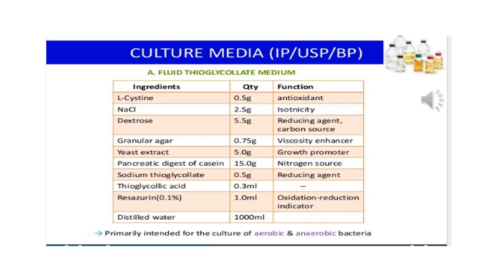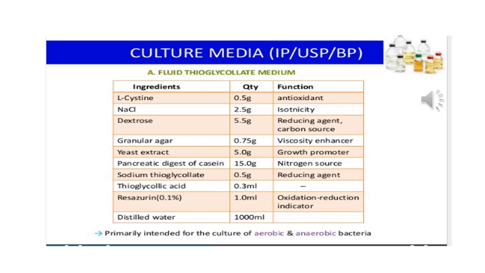If you observe the table, it contains an indicator called resazurin. If you have attended my previous lectures carefully, you will know what resazurin is. It's an oxidation reduction indicator. It turns pink in the presence of oxygen.